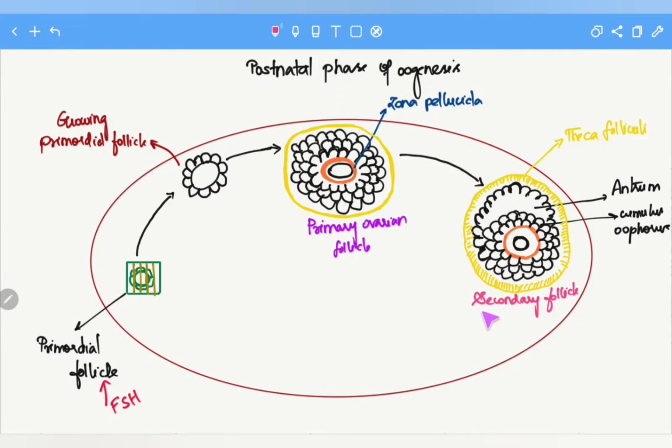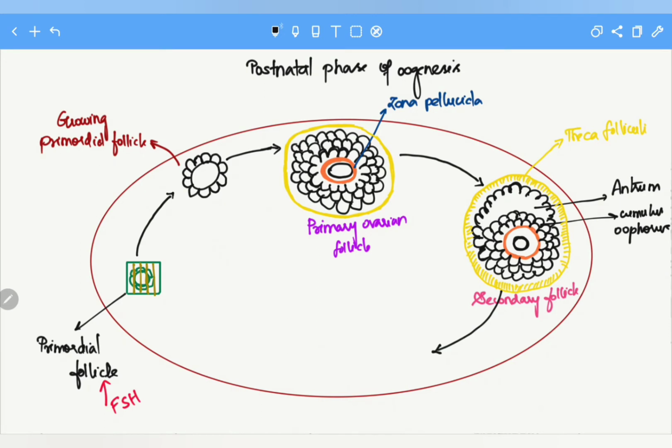But only one secondary follicle progresses to the next stage of maturation or development or growth. It happens just after the LH surge. You know that the LH surge takes place 48 hours before ovulation, right? As I already said, only one secondary follicle continues to grow.